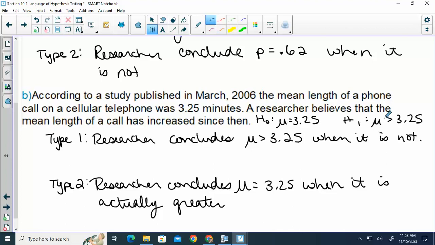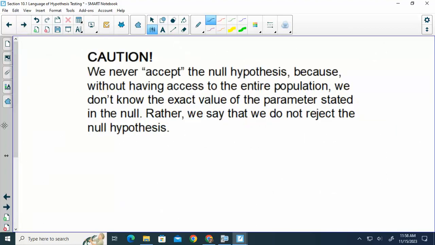Okay, so with hypothesis testing, we are basically trying to decide if the null hypothesis is still accurate or not. But we're never going to say we accept the null hypothesis. We're not actually testing if that's true. We're testing if the alternative one would be true.